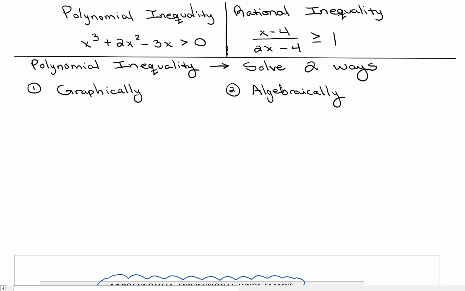Like I said, we can use them not just with polynomials, but also with rational inequalities as well. So I'm just going to modify this a little bit. It says for both of these types of inequalities, we're going to be using these two methods for solving polynomial and rational inequalities.